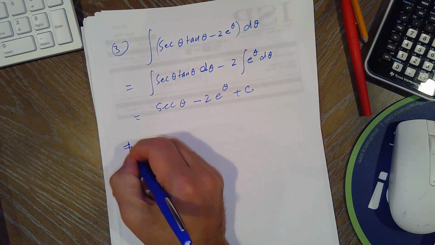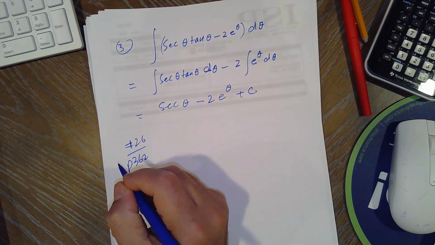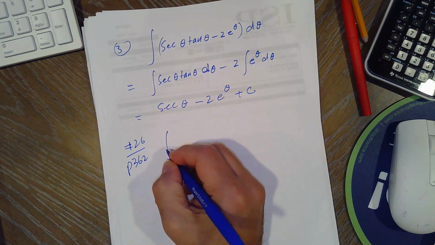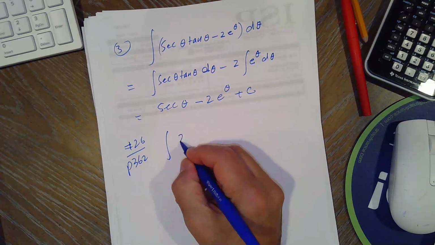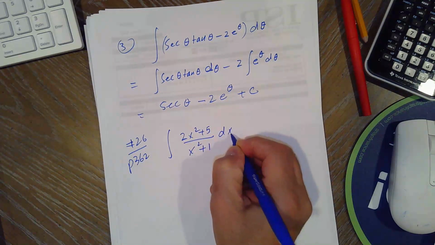Okay, number 26, page 362. How do we find the most general antiderivative? So basically we want to do antiderivative of 2x squared plus 5 over x squared plus 1 dx.